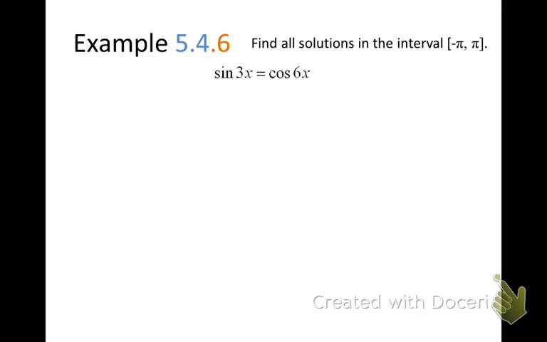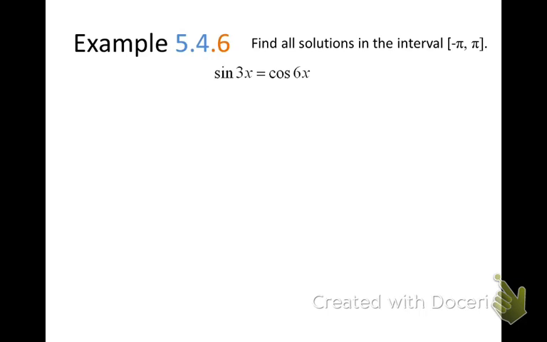What do you notice about the relationship between 3x and 6x? One is double the other. And hey, we've got double angle formulas. And in fact, we have double angle formulas that could be rewritten in terms of sine, perhaps. So let's take a look at that.